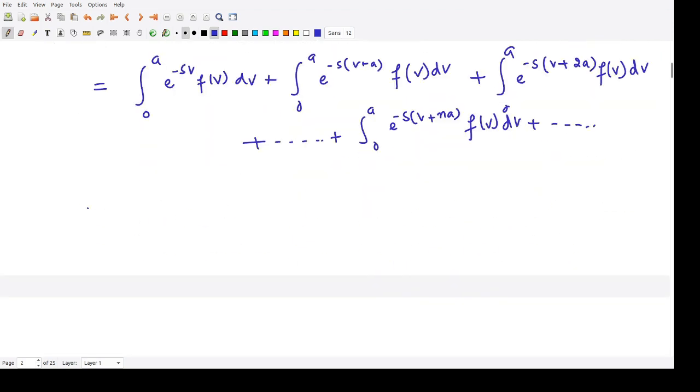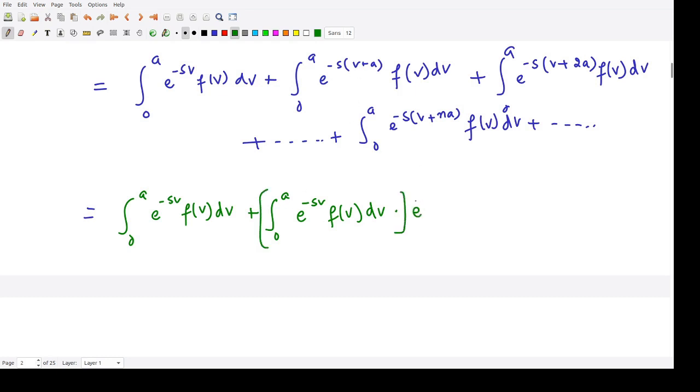So now you see, when you integrate this, you could open up the brackets and powers. So you would have integration from 0 to a, e to the power minus sv f of v dv, first term as such, and then in the second term, 0 to a integration e to the power minus sv f of v dv as such, and e to the power minus sa could be taken out of the integration because this does not contain v.